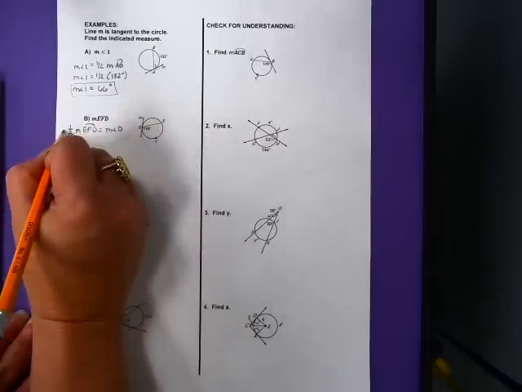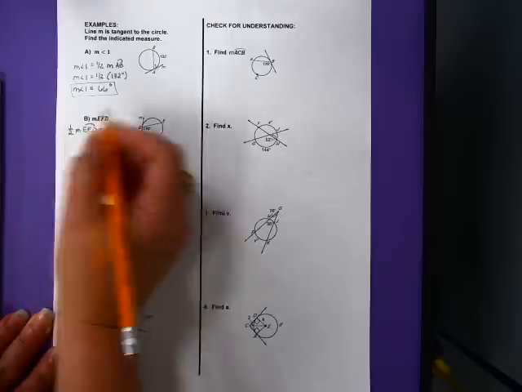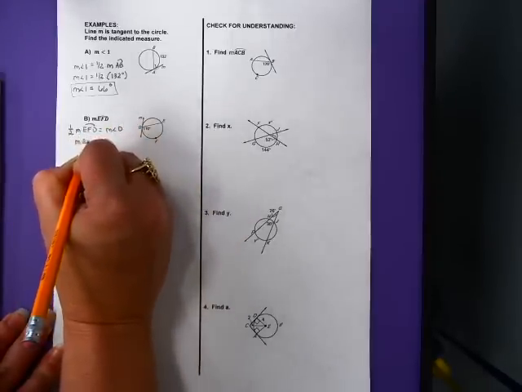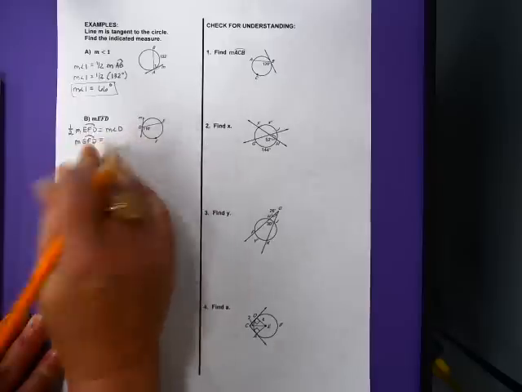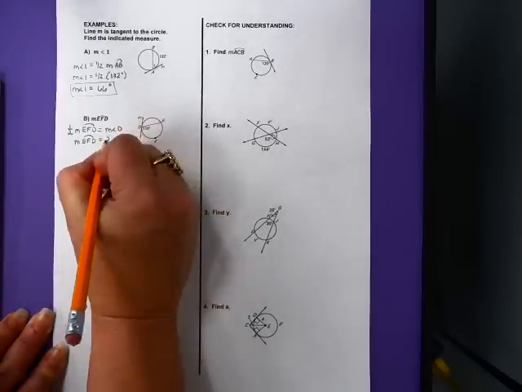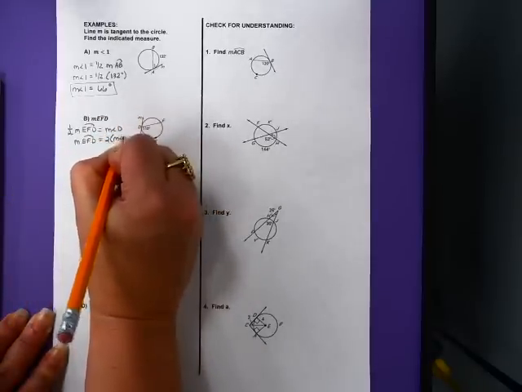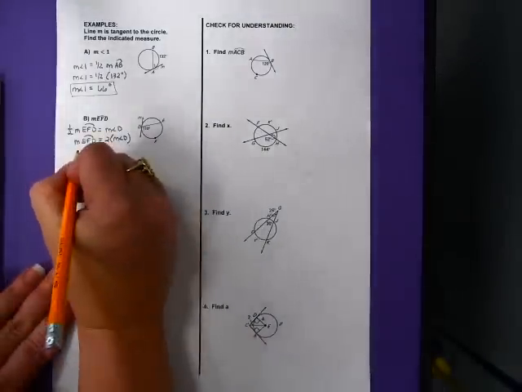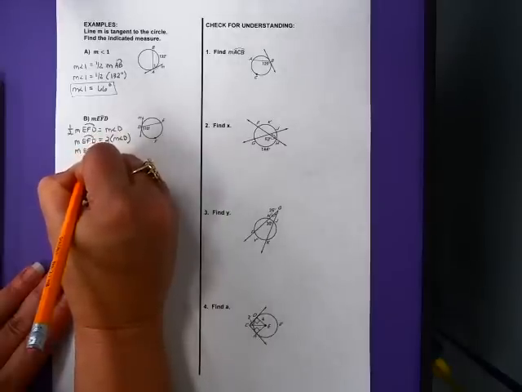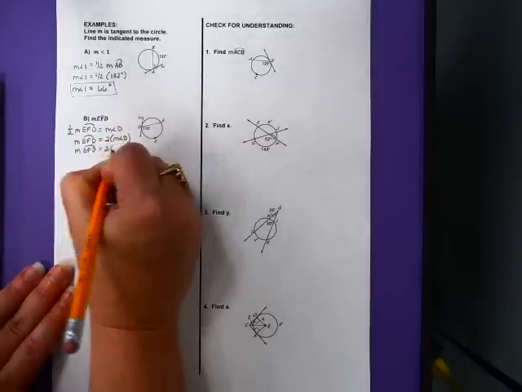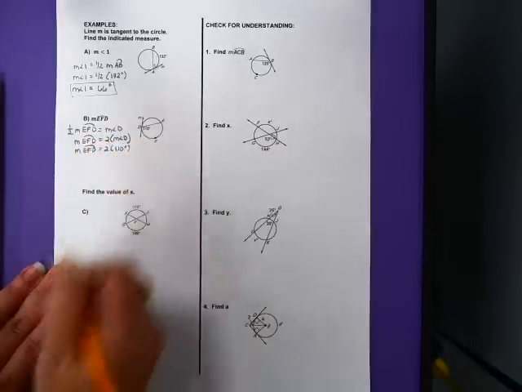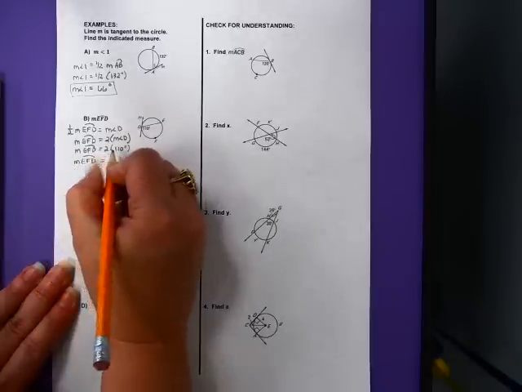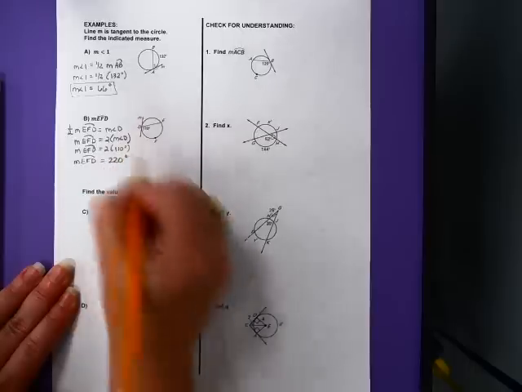If I multiply it by 2 over here, that cancels out with the 1/2. 1/2 of 2 is 1. So just measure of angle EFD. And what I do to this side, I have to also do to this side, so that's going to be double the measure of angle D. Okay, plug in what I know. The measure of angle EFD is equal to 2 times 110 degrees. So the measure of EFD is equal to 220 degrees.